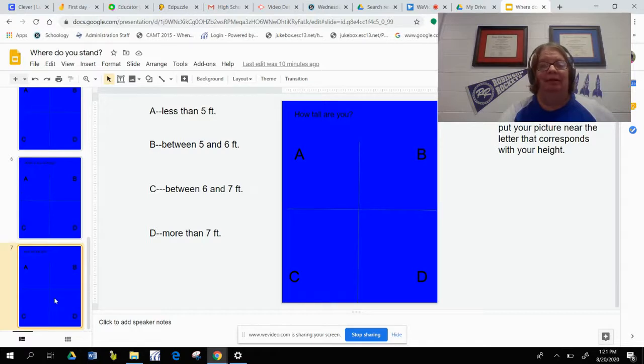Probably will have some in A, less than 5 foot, some in B, between 5 and 6, C between. How many possible answers does each student have? You cannot be less than 5 foot and between 5 and 6 feet at the same time. You can't be between 5 and 6 and between 6 and 7 at the same time. Your height is only one, right?